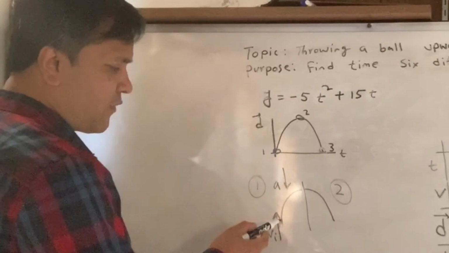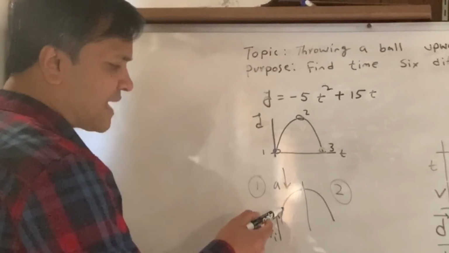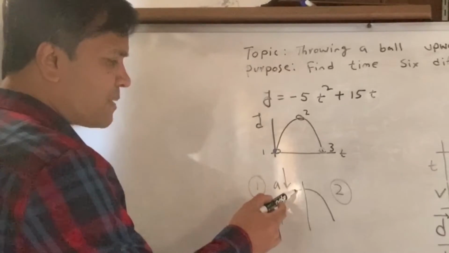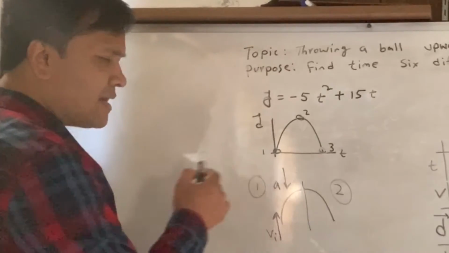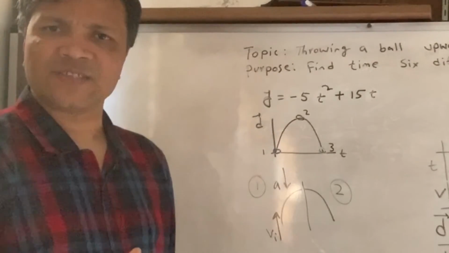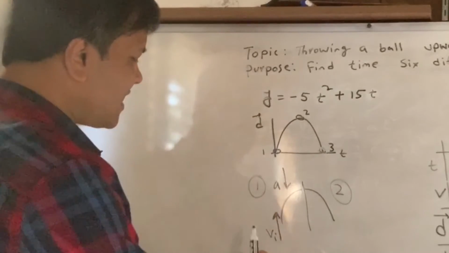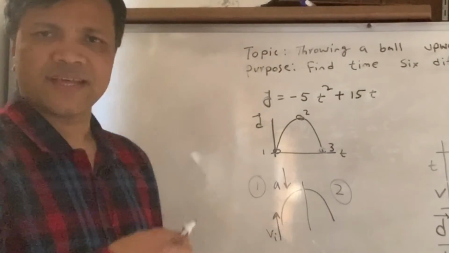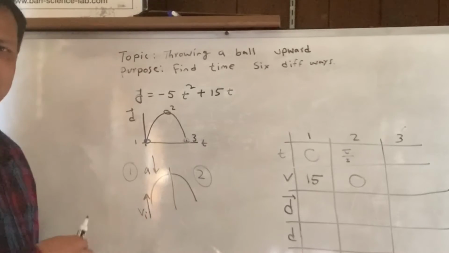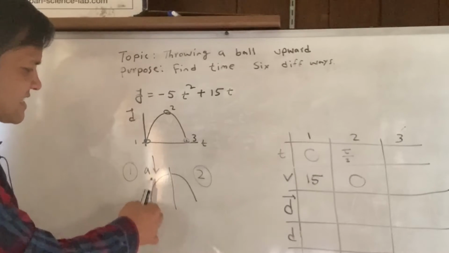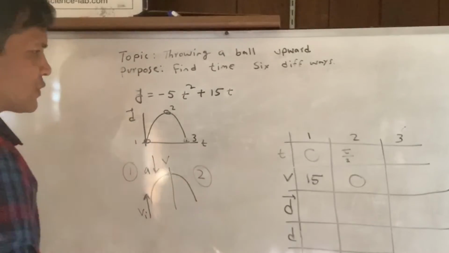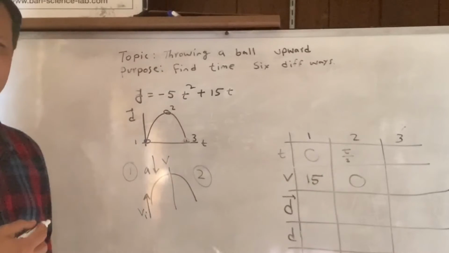So 15 become 14, become 13, become 12, become 11, become 10, become 9, become 8, become 7, become 6, become 5, become 4, become 3, become 2, become 1, and become 0. Why the speed or velocity decreases? Because the velocity has to fight with the acceleration. Alright, so there is a tug of war. This is why velocity decreases, and eventually velocity is 0 at the top.